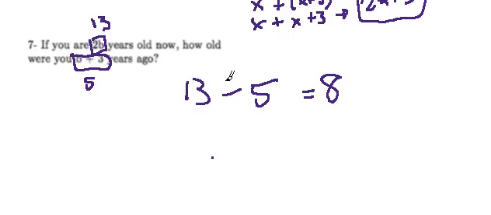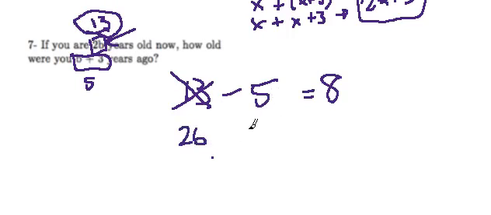Now that you've tricked your brain into unlocking this problem for you, go back in, replace 13, which isn't 13, with 2b. Replace 5, which isn't 5, with b plus 3. And then I'm going to subtract them. Now you guys all know that if I'm going to be subtracting something that's got two terms like this, it's super important that that minus applies to the whole thing.